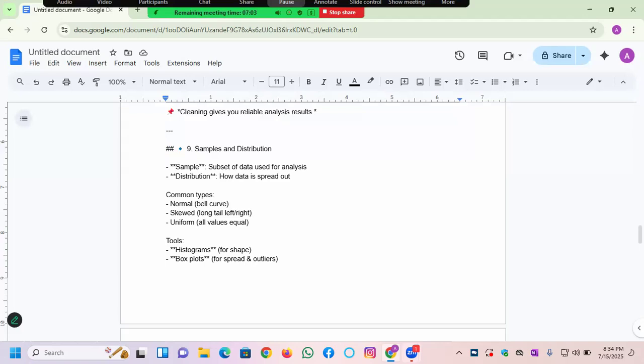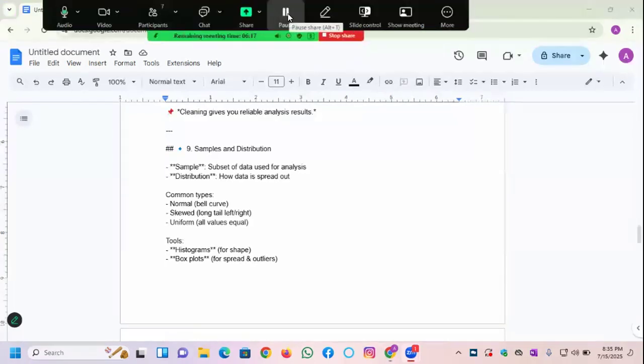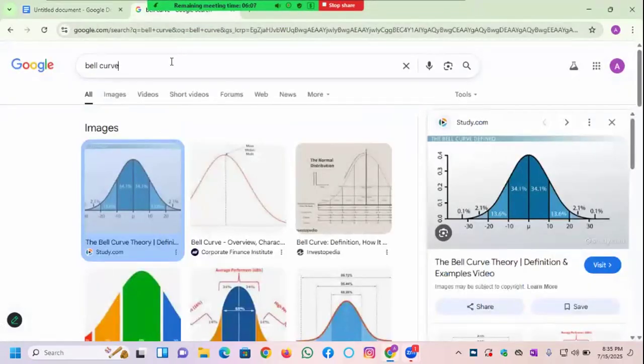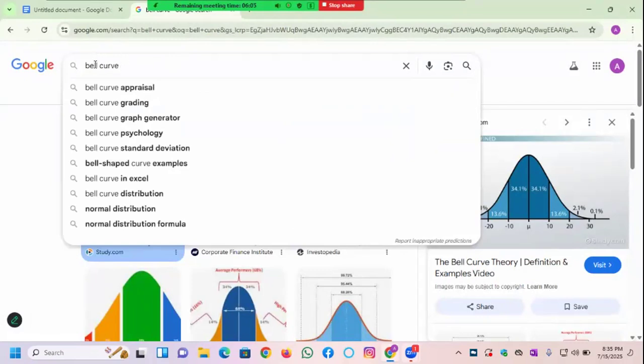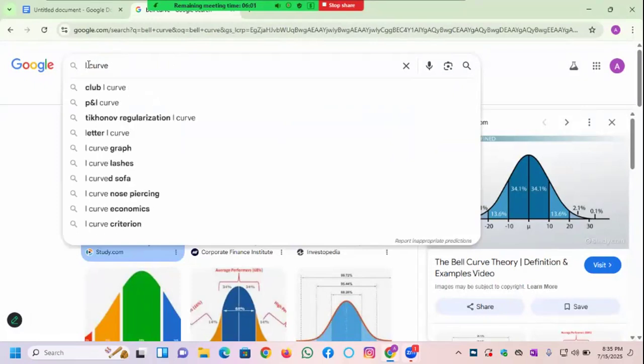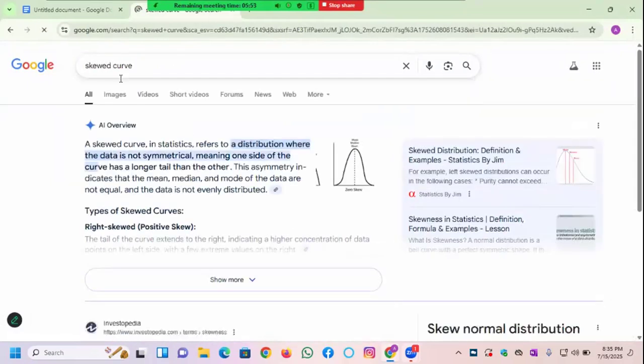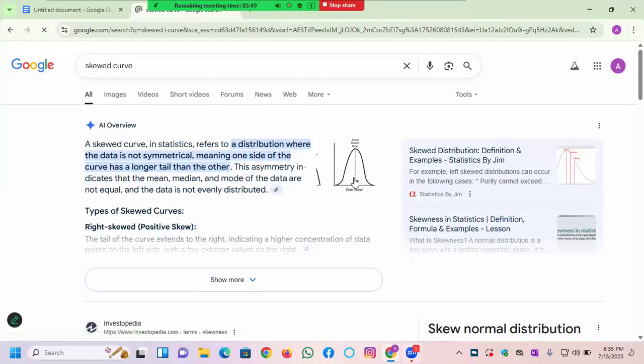So let's see how that looks also. I don't just want to be saying all those things. Skewed curve, yes. Yeah, you can see.